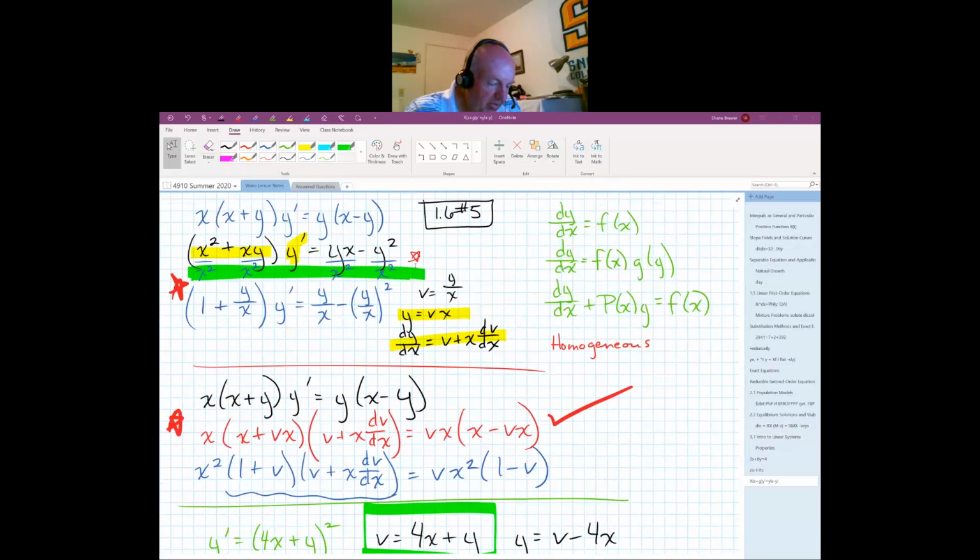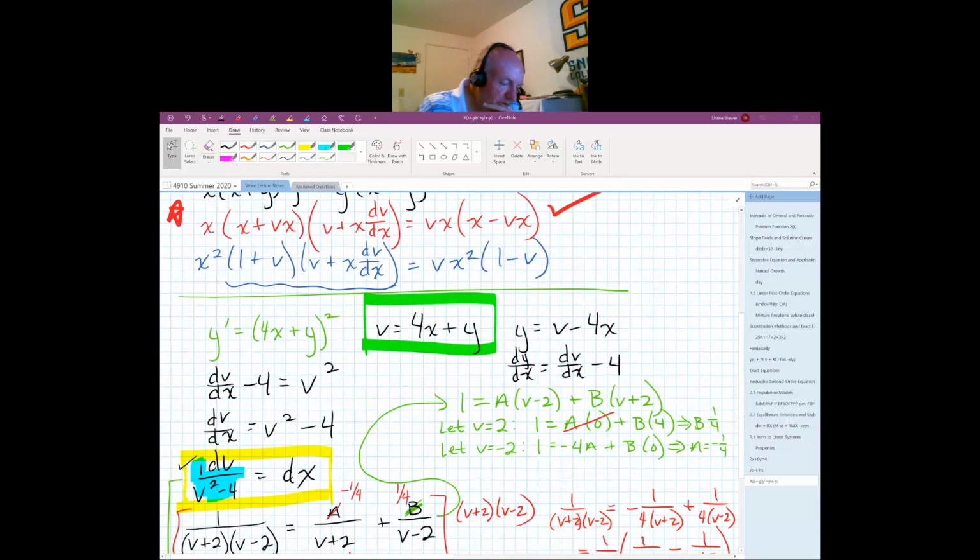But then we wanted to show you this trap equation. It looks like it might be homogeneous, but it's missing the coefficients on the y prime. And so that's why we just do a straight-up substitution. Kind of feels like a u substitution.